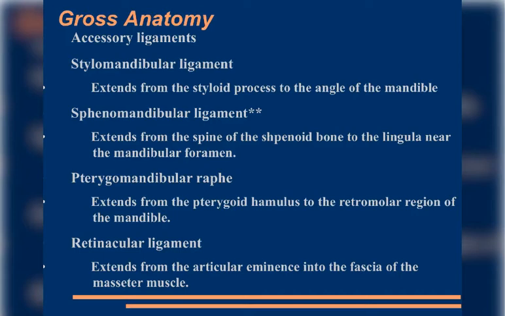So the accessory ligaments include the stylomandibular ligament, which extends from the styloid process to the angle of the mandible; the sphenomandibular ligament, which extends from the spine of the sphenoid bone to the lingula near the mandibular foramen; the pterygomandibular raphe, which extends from the pterygoid hamulus to the retromolar region of the mandible; and the retinacular ligament, which extends from the articular eminence into the fascia of the masseter muscle.